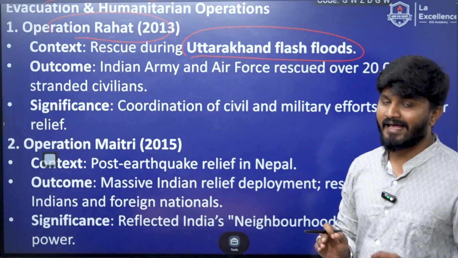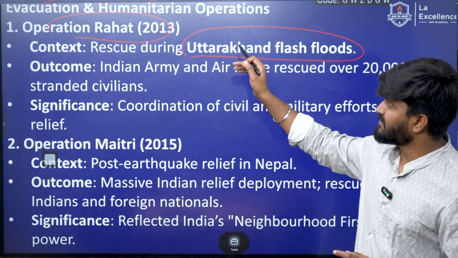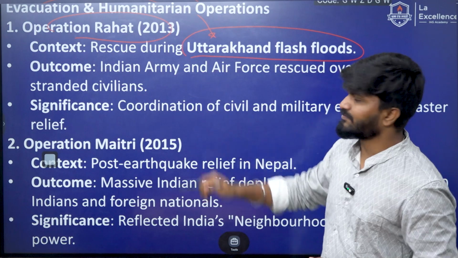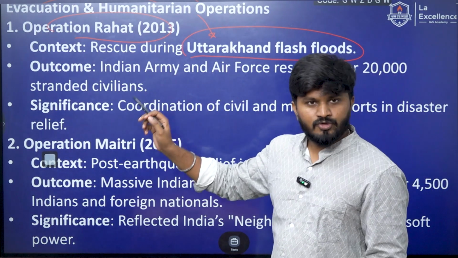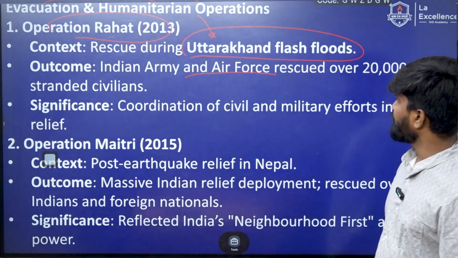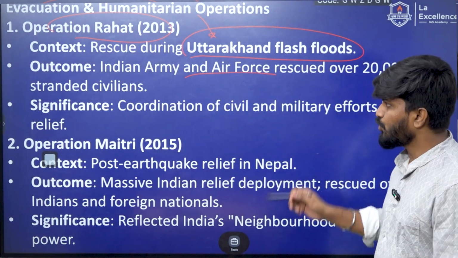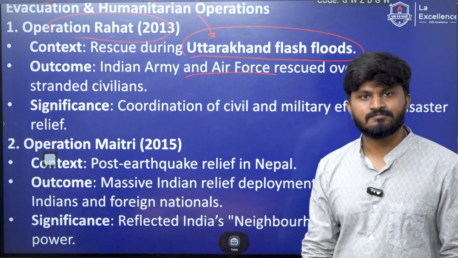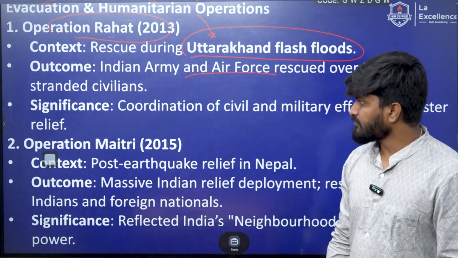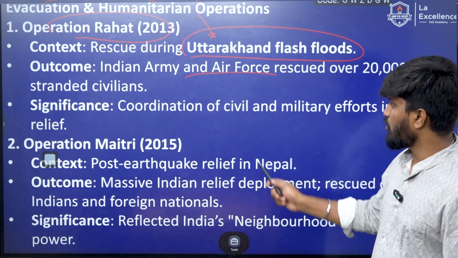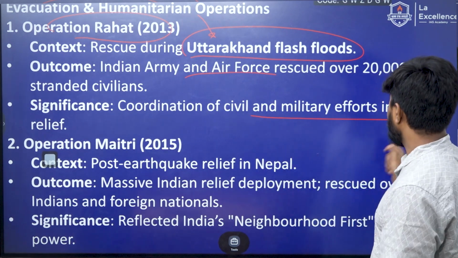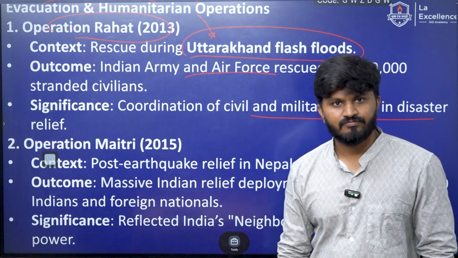Not every operation has to be evacuation only. In this case, it is a humanitarian disaster management operation. Outcome was that Indian Army and Air Force rescued over 2000 stranded civilians. Significance is that it showcased coordination of civil and military efforts in disaster relief.